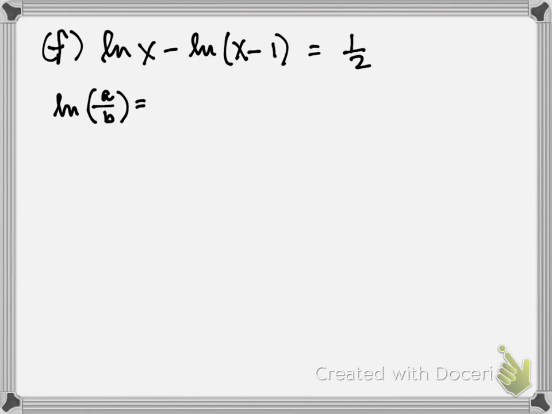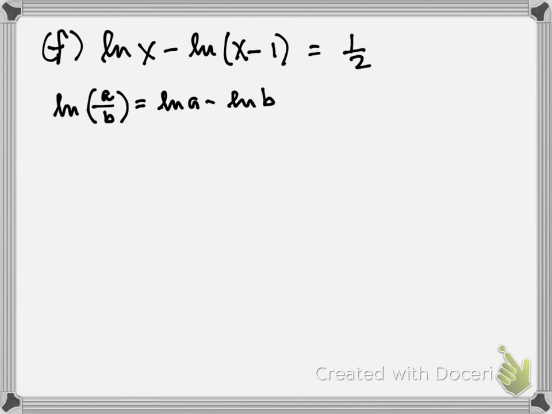Okay, so ln x minus ln x minus 1 equals 1/2. I see 2 ln's on the left side. I need to combine them into just one ln. I use the second property, which says ln of a over b is equal to ln a minus ln b.